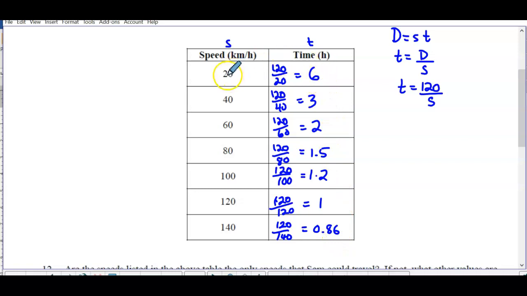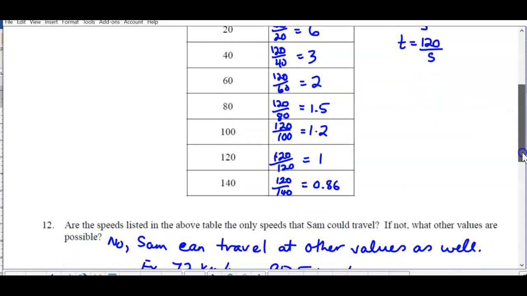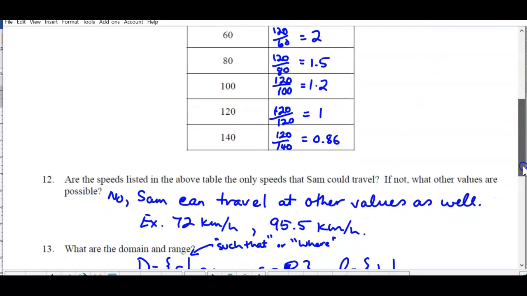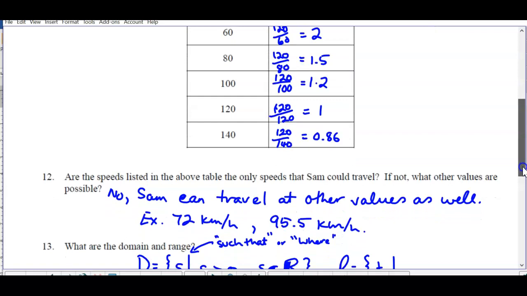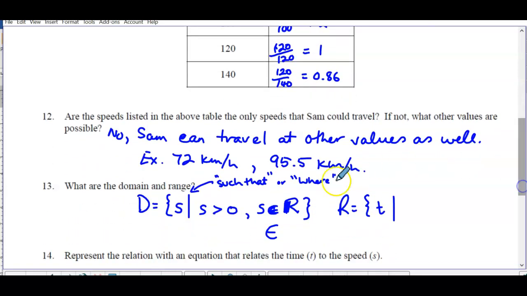Well, let's say your speed was 1. Then it would be 120 over 1, so it would be much bigger than this. If your speed was 0.5 kilometers, time would be 240 hours, etc. So it really goes to infinity. Again, are you going to travel in a car 0.2 kilometers per hour? No, but in terms of the availability to do it, you could.